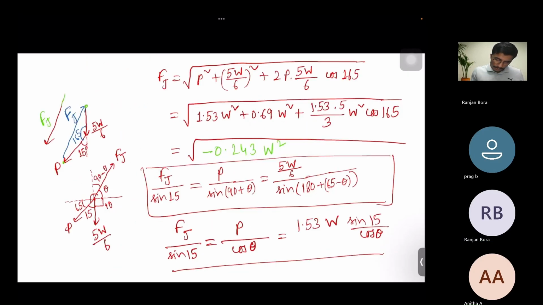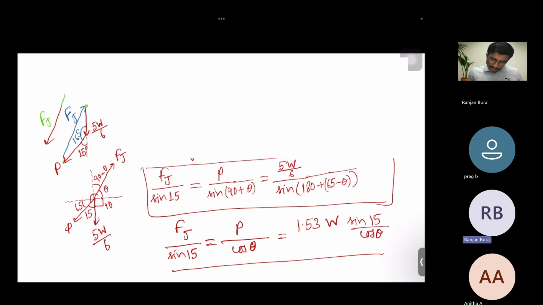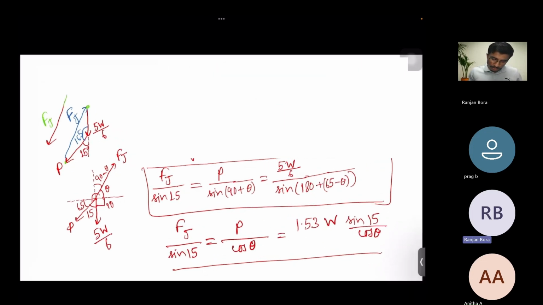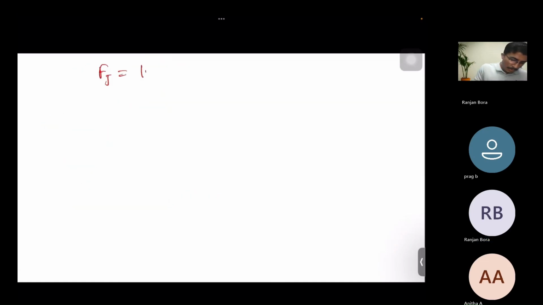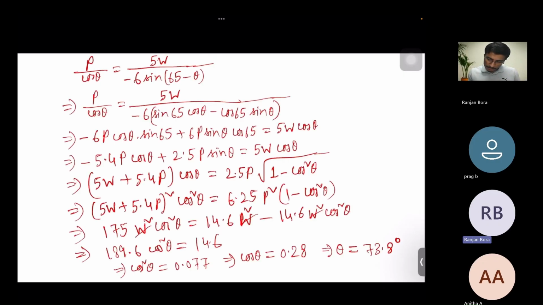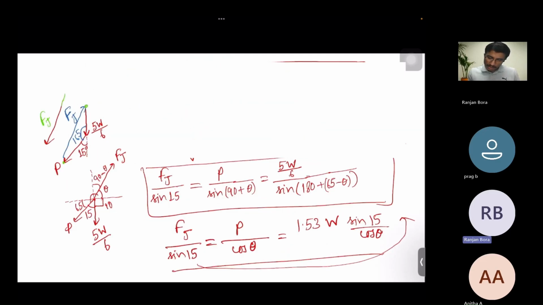Fj will be sine 15 will go to this side, so it will be sine square 15 and 1.53 W sine square 15 divided by cos theta.